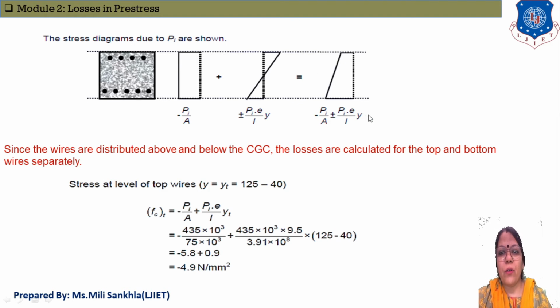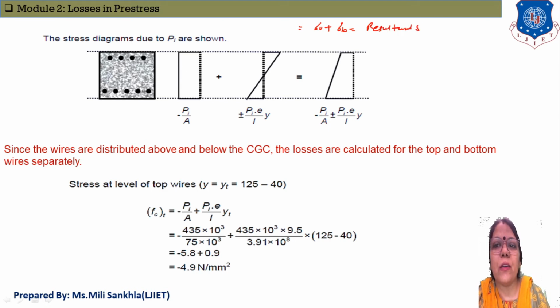If you have forgotten, please remember that the equation of stress is direct stress plus bending stress, and this is known as our resultant stress that we already studied in SA1.